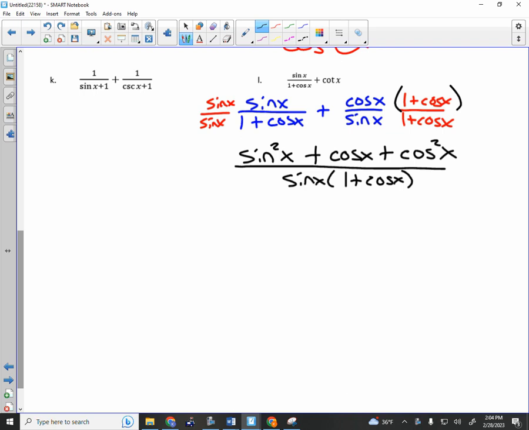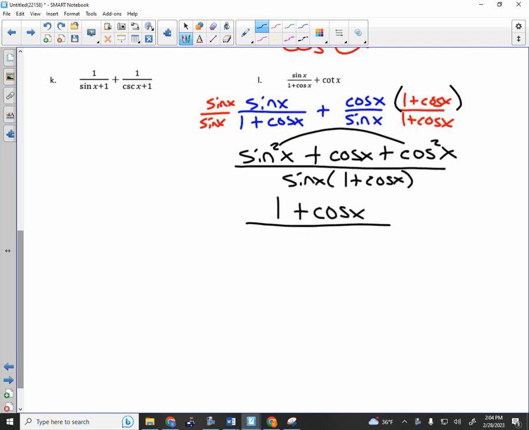I tend to not distribute the denominator. I tend to only distribute the numerator. Looks like a bunch of hogwash right now. Yeah, sine squared plus cosine squared is 1.